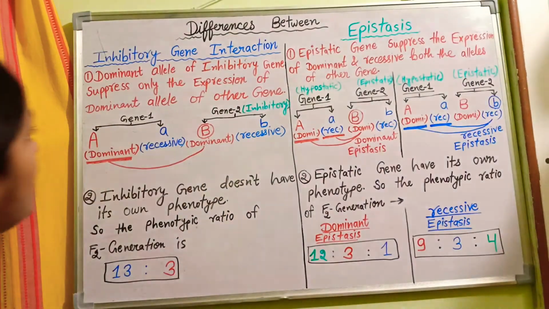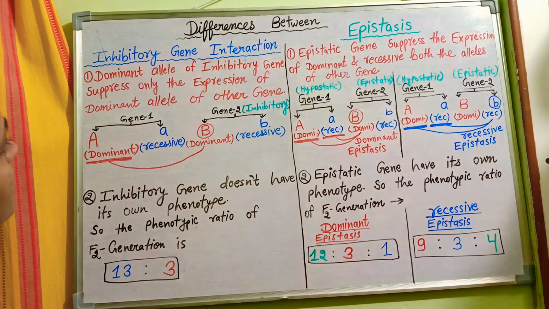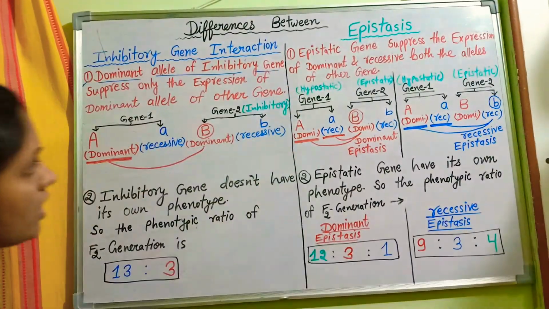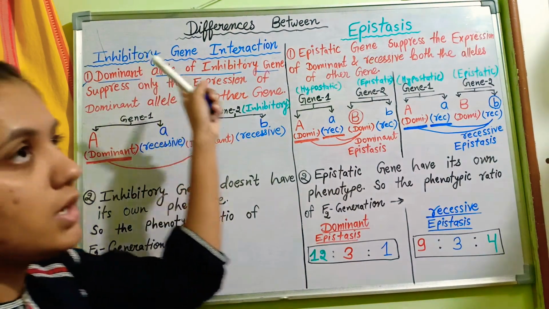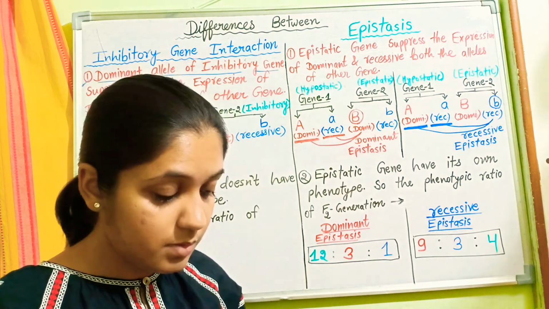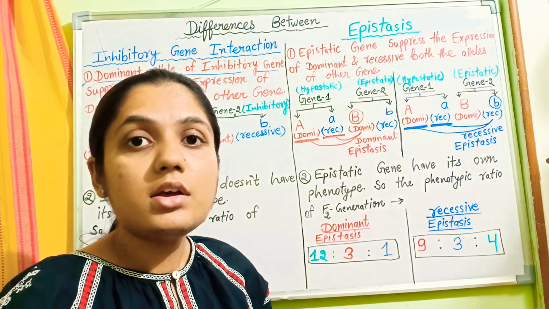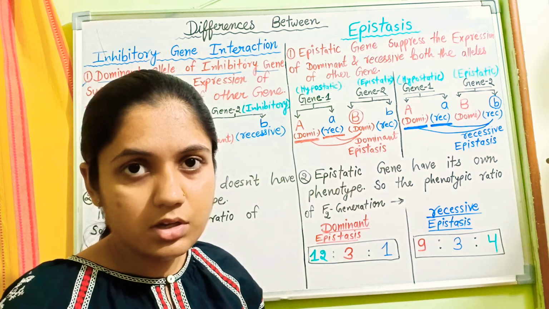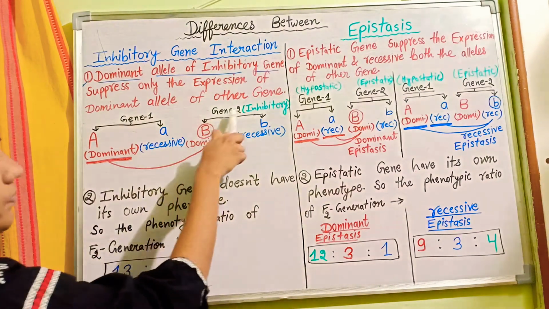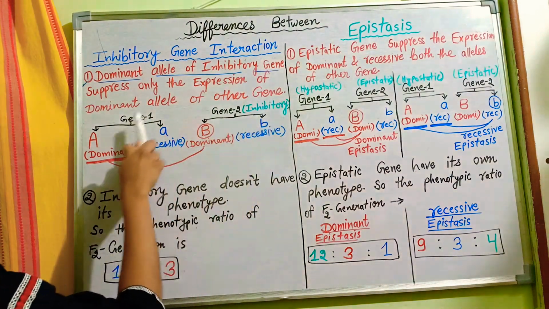First of all, you can see this inhibitory gene interaction is intergenic type, and here you can see the definition: the dominant allele of the inhibitory gene. Which gene is doing the work of suppression? The inhibitory gene, and there are some limitations of the inhibitory gene. The inhibitory gene has two alleles. This is gene 1, and this is gene 2.